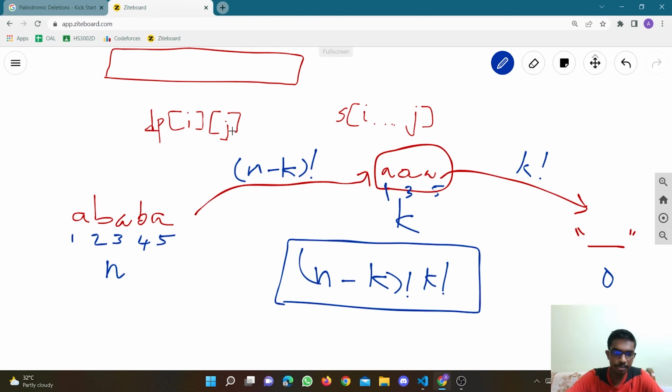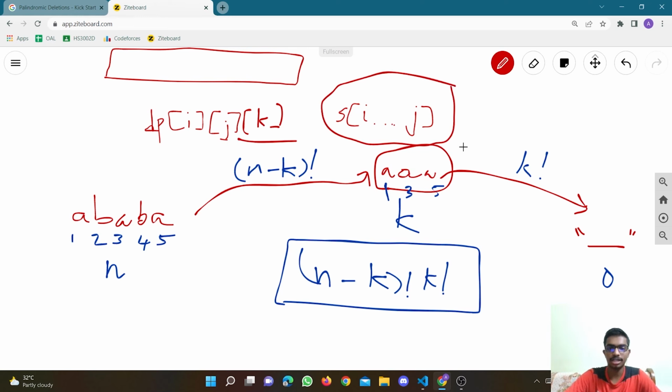So just finding dp of i of j is not going to help us. We'll have to find dp of i j k, where dp of i j k will denote the number of palindromic subsequences of length k present in the substring s of i to j. Because for each length of palindromic subsequence, I have a different multiplier that I have to multiply, right?